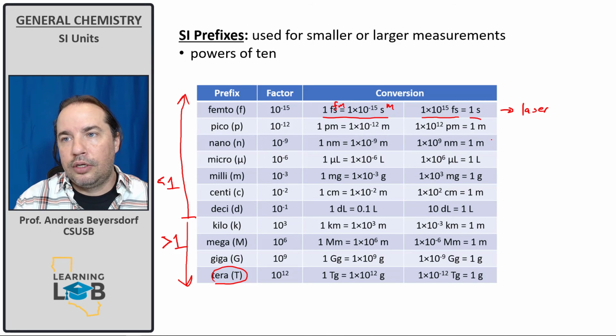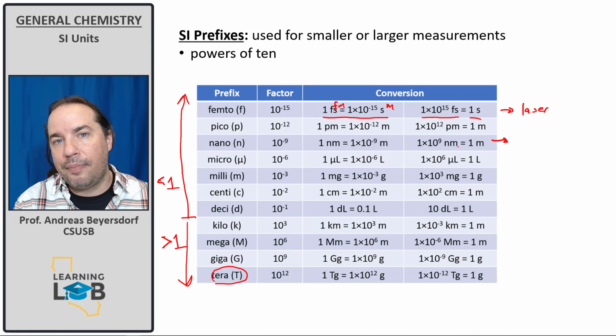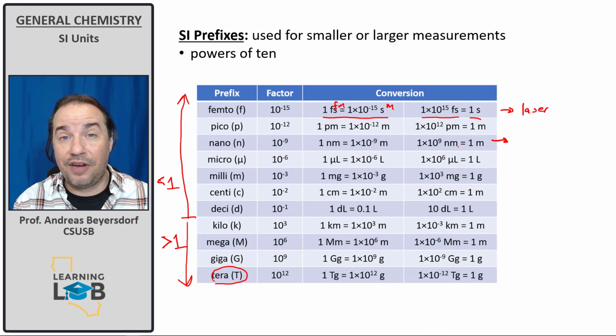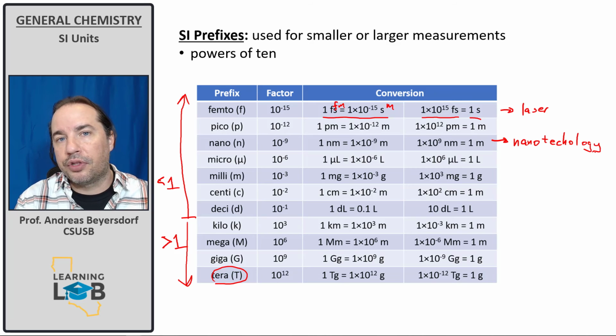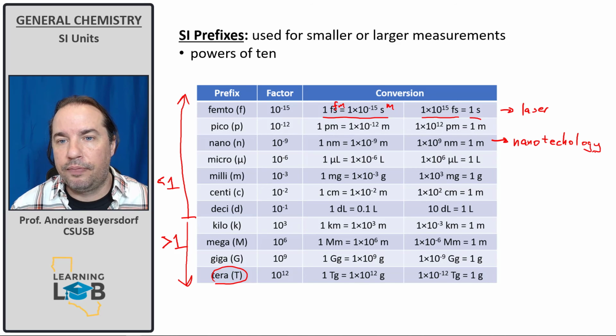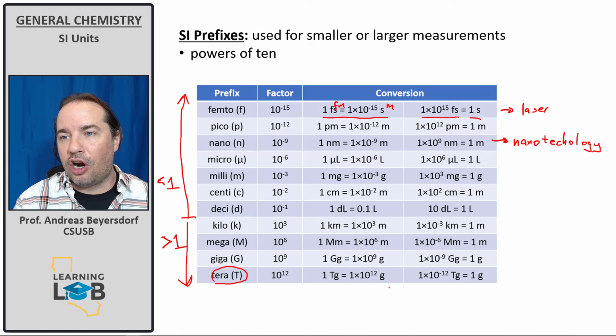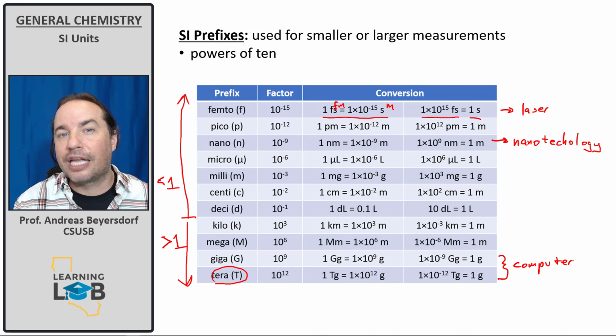Nano, if we're talking about nanometers, which is 1 times 10 to the negative 9th meters, this is where we get the term nanotechnology. So a lot of things like circuit boards are all being built on the nanometer scale. And if we look at the larger sides, things like giga and tera, well, you've heard these when we talk about computer storage, gigabytes and terabytes.